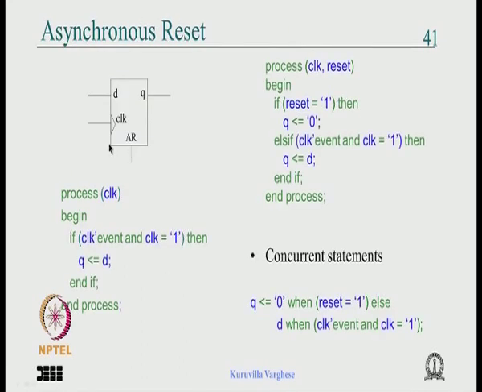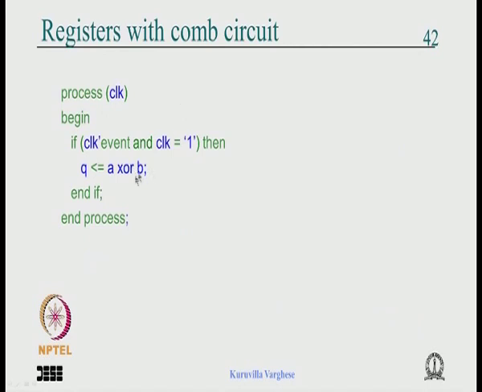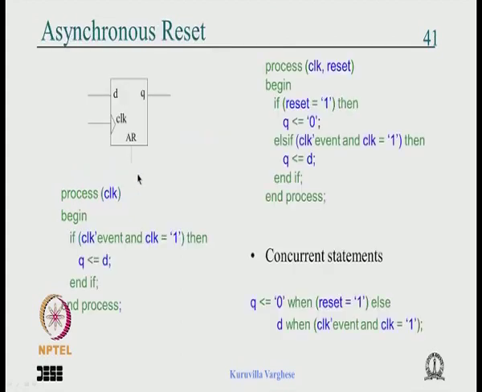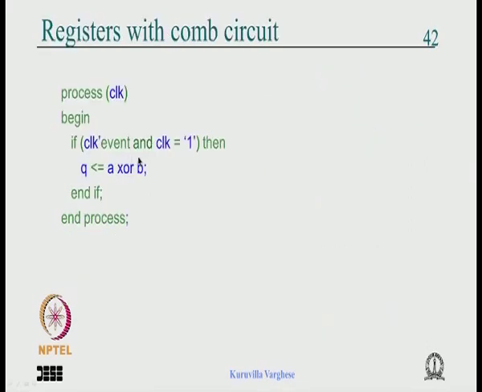We know that when the clock comes, D gets transferred to Q. So if Q gets A XOR B when the clock comes, naturally there has to be an exclusive OR gate here with inputs A and B. Only then will this behavior happen, and that is what you are going to get.